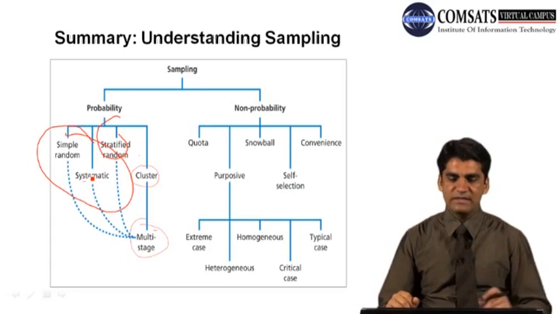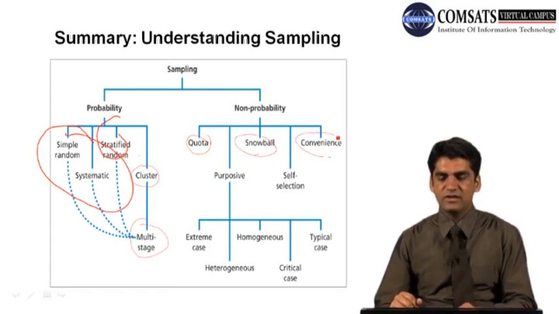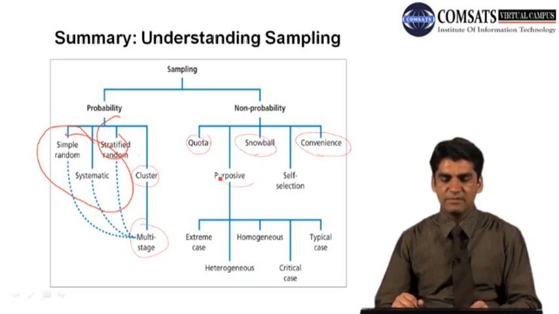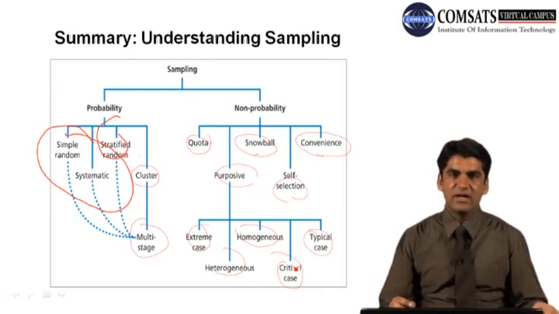And in non-probability sampling we have discussed quota sampling, snowball sampling, convenience sampling, purposive sampling, self-selection, heterogeneous and homogeneous sampling, extreme and typical case, and critical case. So this is how we have covered all the basics of probability and non-probability sampling.